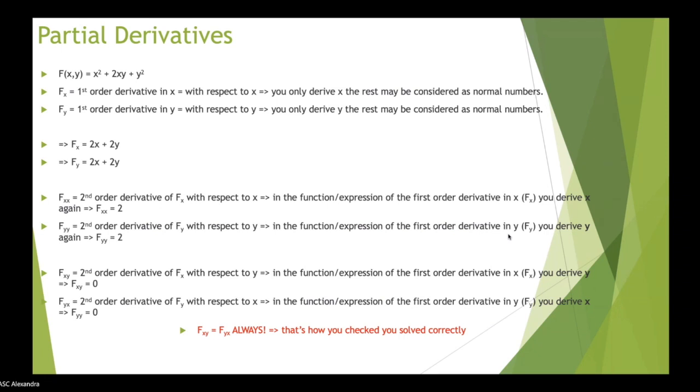That means that y in that case becomes a normal number. So if it's alone, it's a constant. So if you derive it, it's going to be 0. And if it joins x, it's going to be a coefficient. So it will take its role as a coefficient within the derivation. So in case you have there 2xy, when you derive x, your result will be 2y. So very careful with that.